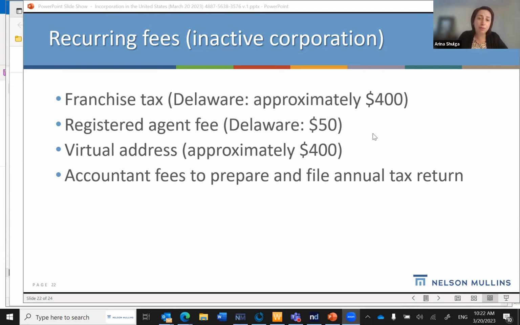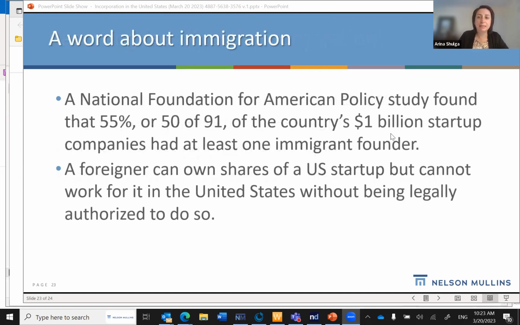I don't know exactly how much that will cost you. Let's say 2,000. Okay. So basically, I'm thinking that just to maintain an inactive corporation in Delaware will be about, let's say, $3,000 a year. And that's it.